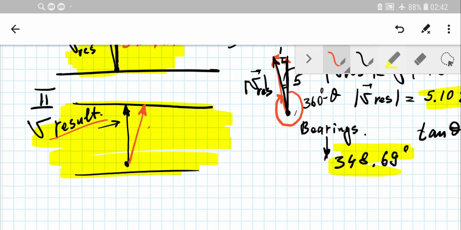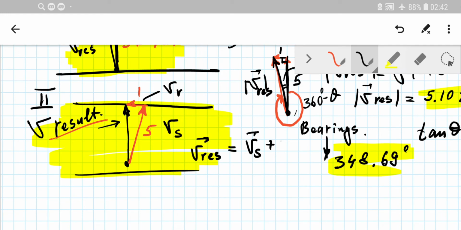So this is 5 and now this is 1. So why is that? Because the resultant velocity in this case is v swimmer plus v river. Hence we've still got addition, vs plus vr.